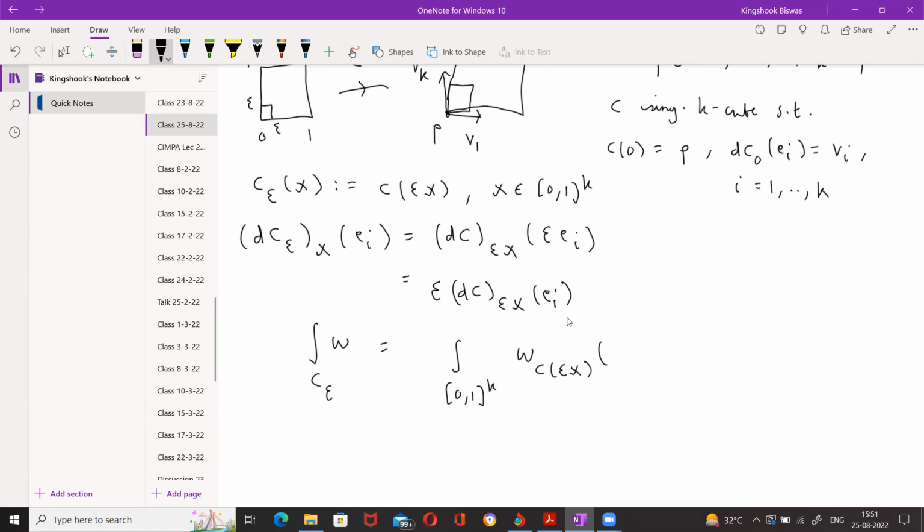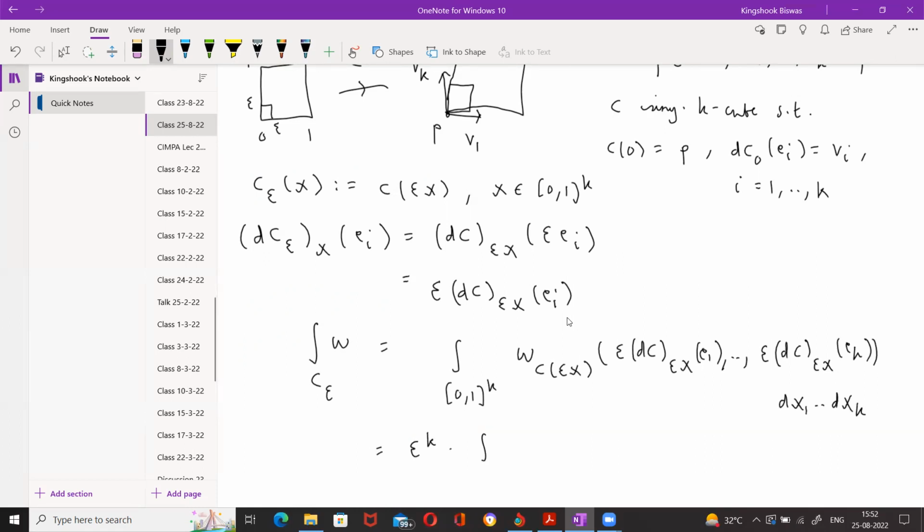So that will be epsilon dC at epsilon x e_1, up to epsilon dC at epsilon x e_k, dx_1 ... dx_k. Now omega is multilinear, so these epsilons will come out, right? I'll get an epsilon to the k coming out.